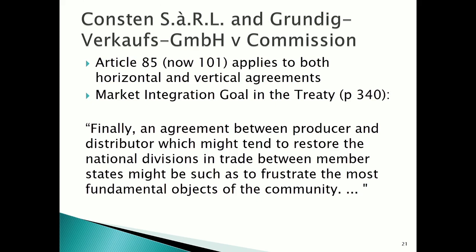And we saw this in the Constant and Grundig case, where vertical restraint was being used by Constant and Grundig in an attempt to, in effect, re-implement national borders as barriers to trade.